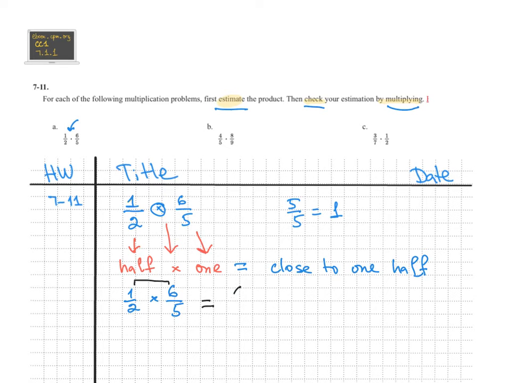So 1 times 6 gives us 6. And then the denominators, or the bottom numbers, multiply with the bottom numbers. There was no need of a common denominator of any kind. So I'm going to record 2 times 5, that gives me 10. Now looking at my fraction answer, it is 6/10, so that is close to 1/2.